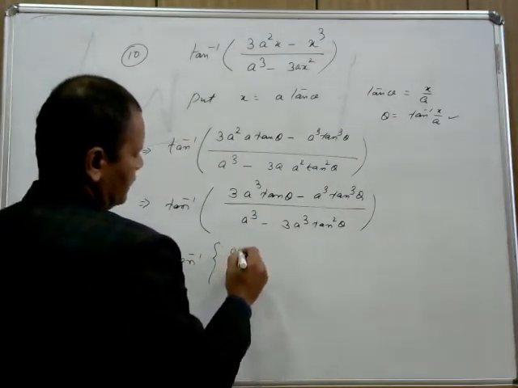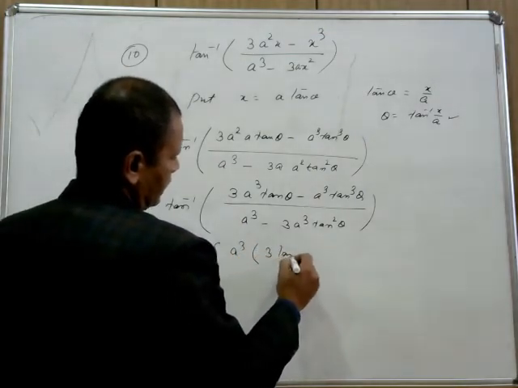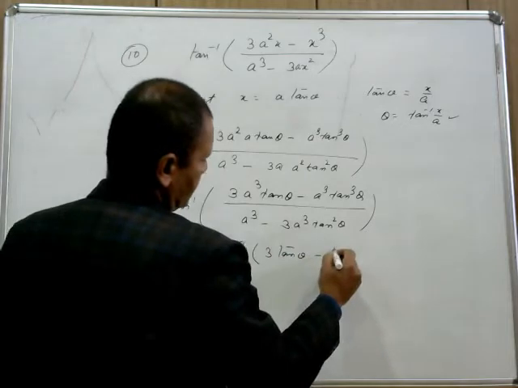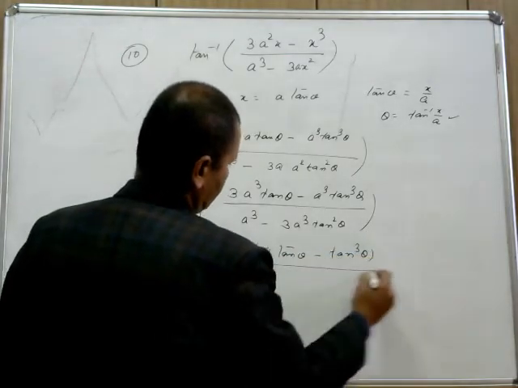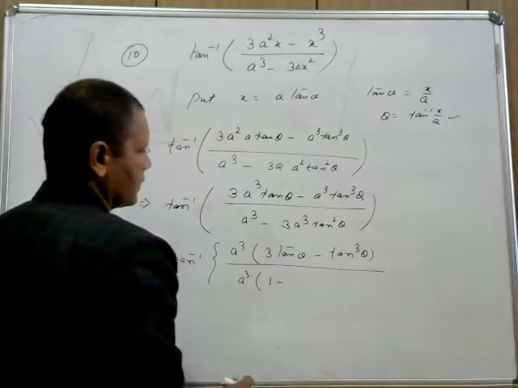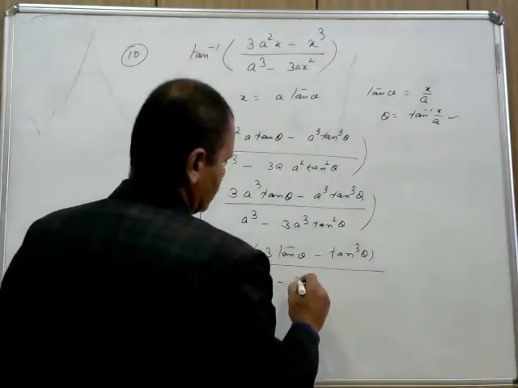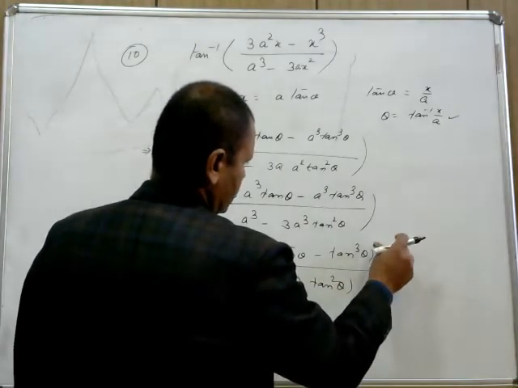Can I take a cube common here? If I take a cube common, I get 3 tan theta minus tan cube theta, whole divided by a cube upon 1 minus 3 tan square theta.